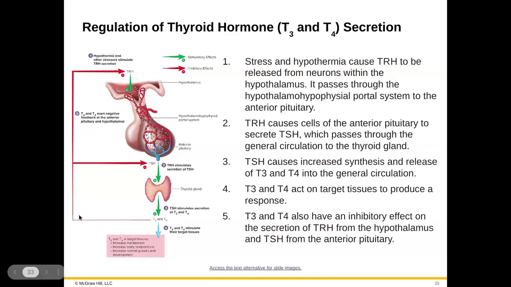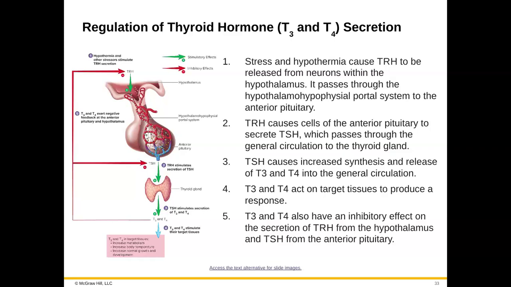But also, while in the bloodstream, it has the ability to act as its own inhibitor. So high concentrations of T3 and T4 within the bloodstream will act on the anterior pituitary, and it will inhibit it from releasing thyroid stimulating hormone, but it will also act on the hypothalamus to inhibit the hypothalamus from releasing TRH.